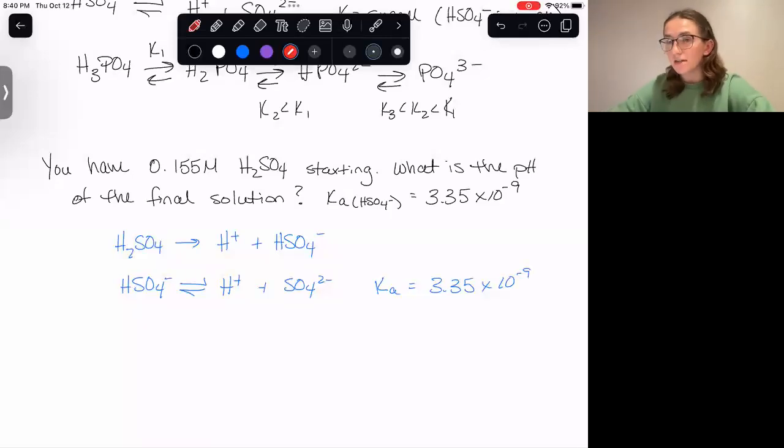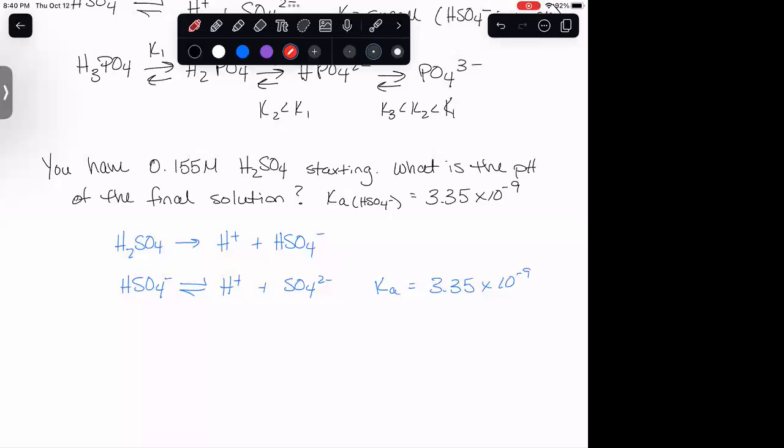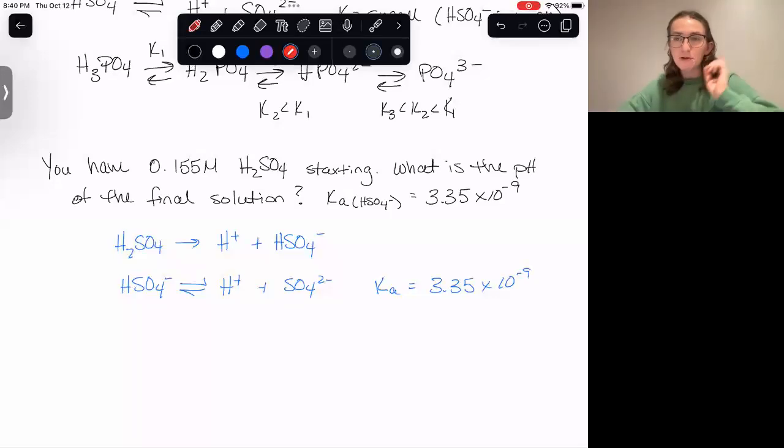You actually do not need pKa for this question, but I like your thoughts. Could you find X using the ICE table and Ka? Yes, absolutely. We will eventually need to use our ICE table to find X because X will be our H plus concentration. But we need to take an extra step when it comes to diprotics.